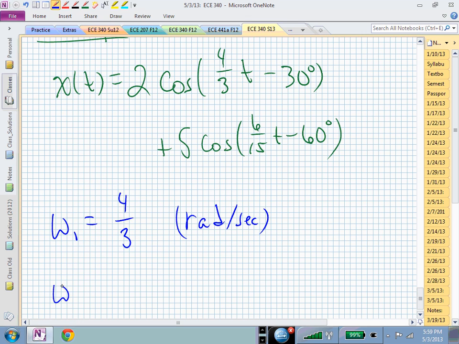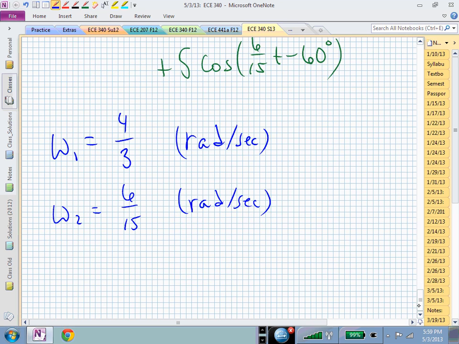Omega sub 2 is 6/15, and that one's now a little bit more than 1/3. It's a little bit bigger than 5/15. So you now have something a little bit more than 1/3 in frequency and a little bit bigger than 1 1/3. And now you're asking, are those harmonically related to some fundamental frequency?